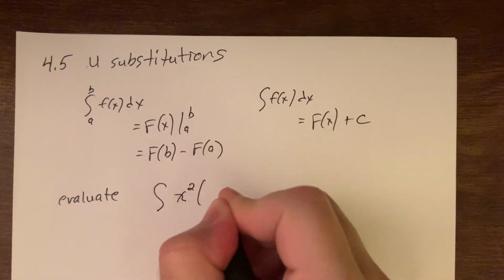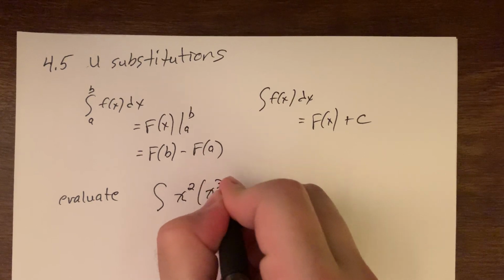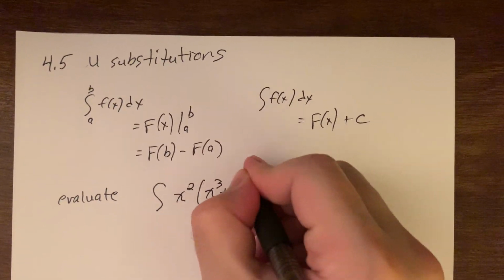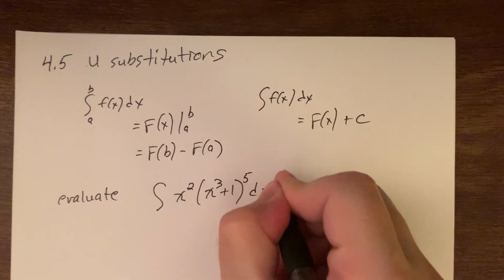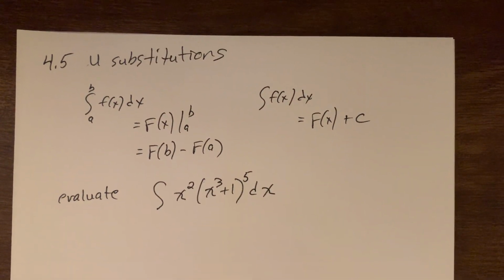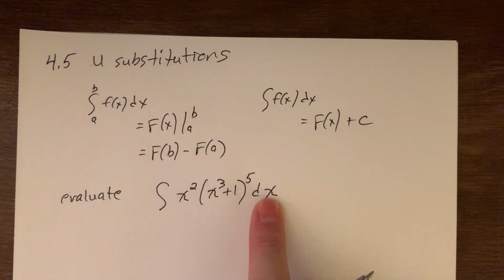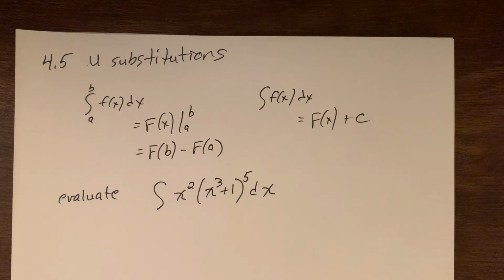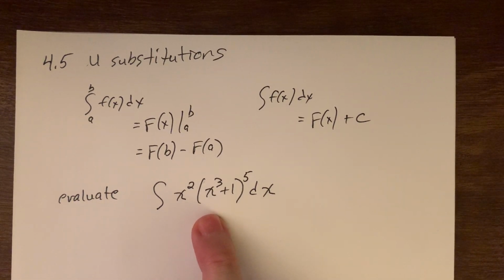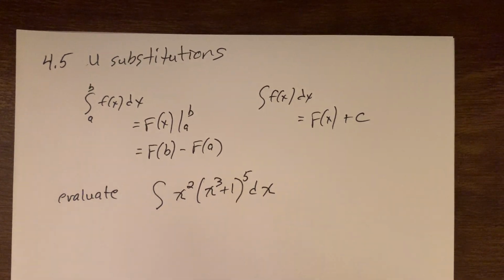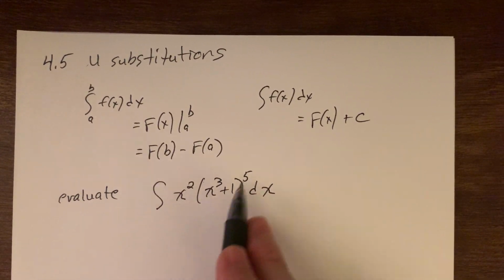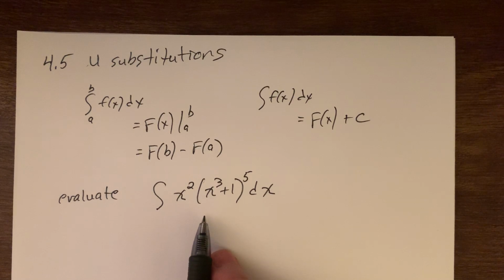The integral of x squared times the quantity x cubed plus 1 to the 5th power dx. If I want to solve that antiderivative, by our traditional techniques we would say this one is a bit of a mess. I've got multiplication and I've got some inner and outer.